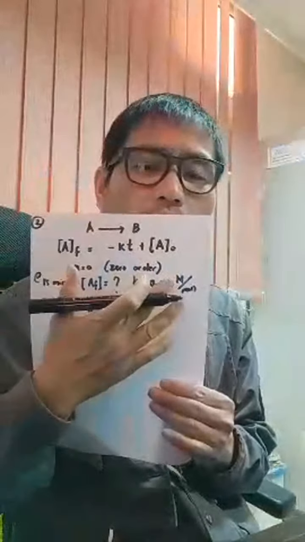But since molarity is in terms of seconds for the zero order, then it's better to convert. But here, because the time is 15 minutes and the k is also in minutes, we will first have the idea that we will not convert this. Actually, it's up to you.